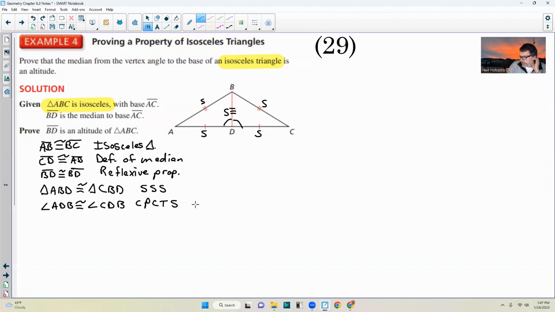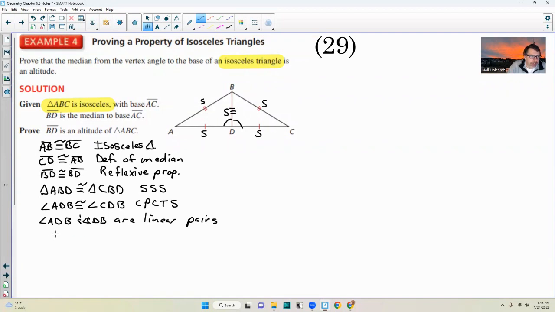Then angle ADB and angle CDB are linear pairs. AC is a straight line, and the two angles forming it are linear pairs. Since they're congruent, together they equal 180 degrees, because if this angle is half of 180 and this angle is half of 180, then they're both 90.